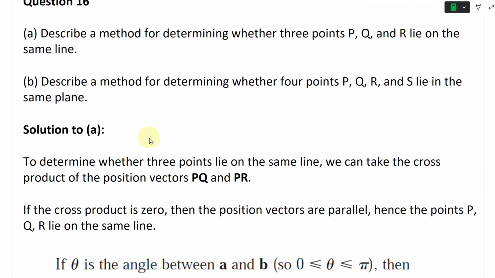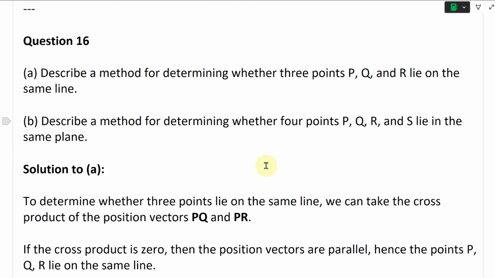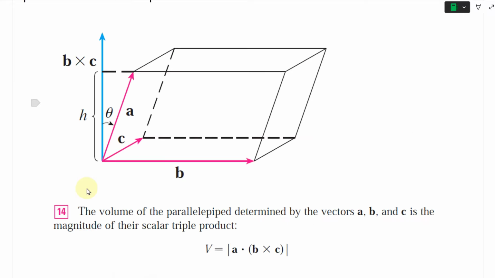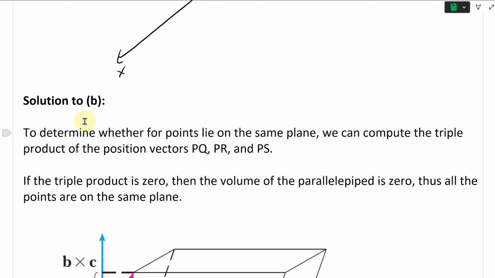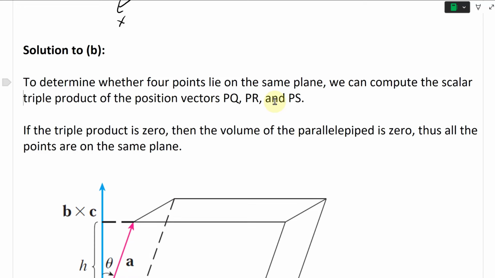All right, and now let's take a look at the solution to B. B was asking, describe a method for determining whether 4 points P, Q, R, and S lie in the same plane. To determine whether 4 points lie in the same plane, we can compute the scalar triple product of the position vectors PQ, PR, and PS.